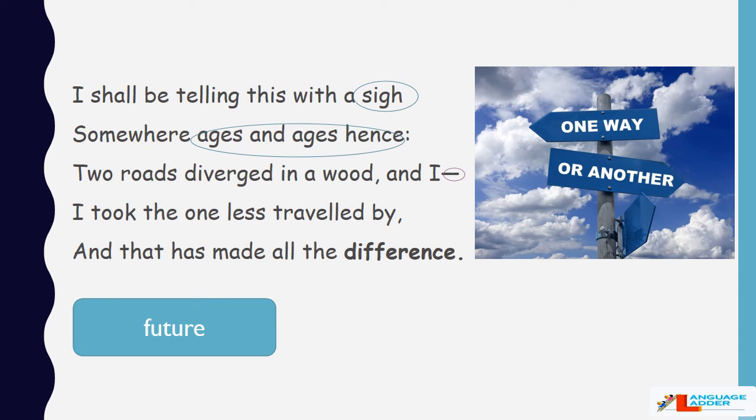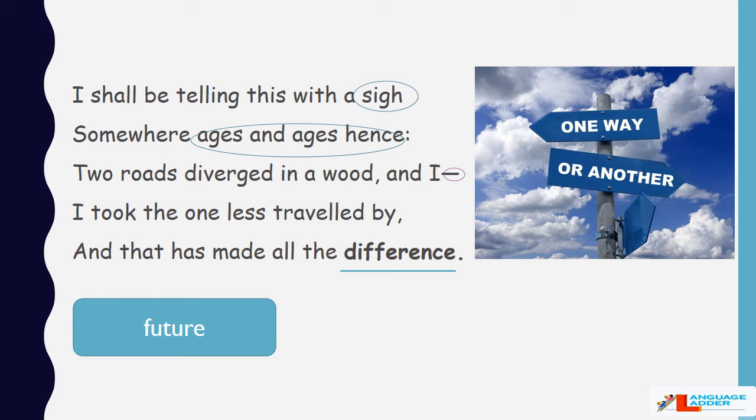So here the poet talks about how he is going to talk about this experience in future. He talks about looking back in time when he was confronted with a difficult choice and how that choice made all the difference in his life. We don't know as yet what the outcome of that choice could be.